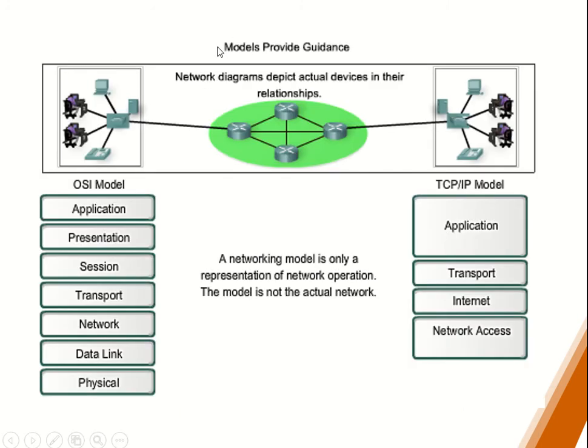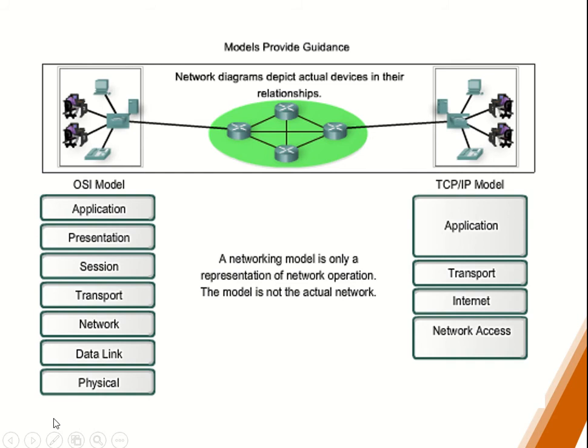So mao ni siya ang duha ka models, no? Pinaka-core sa chapter. So it is to introduce to you two types of models. First is the Open System Interconnection model or the OSI model. We also have the Transmission Control Protocol or Internet Protocol model.